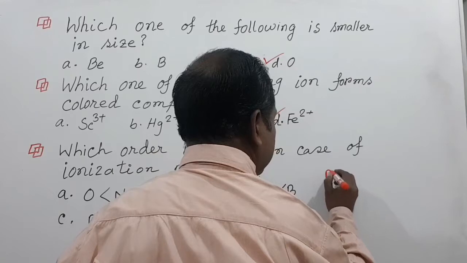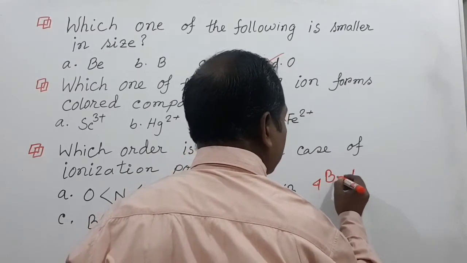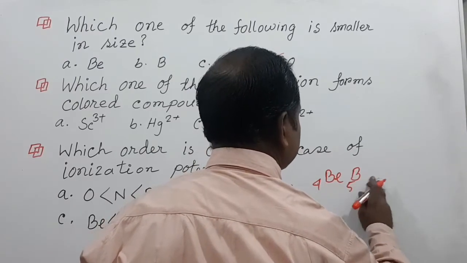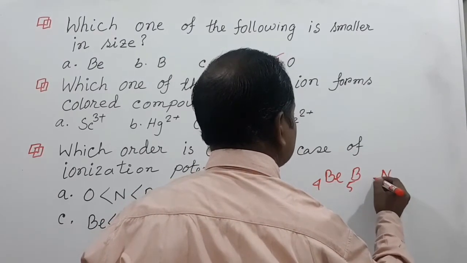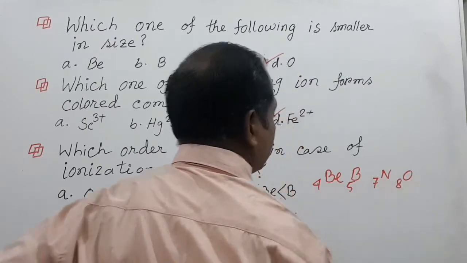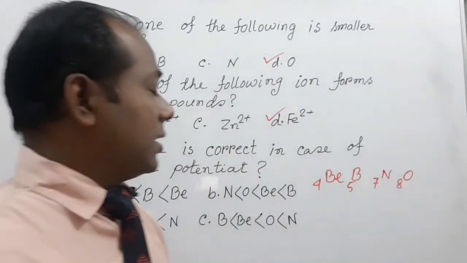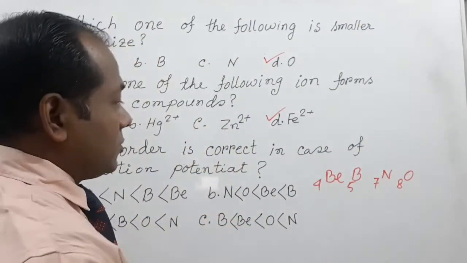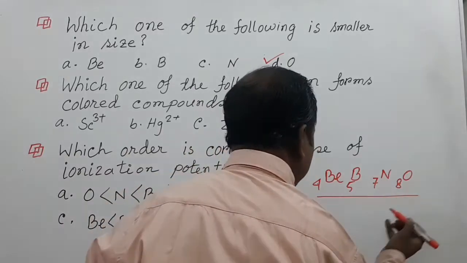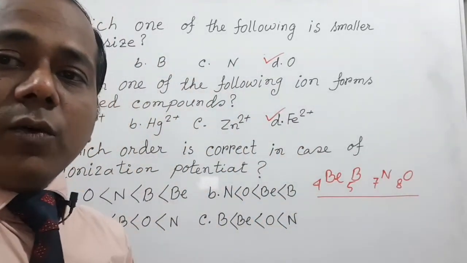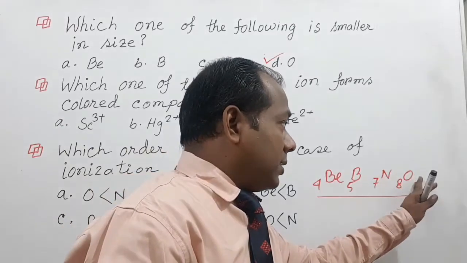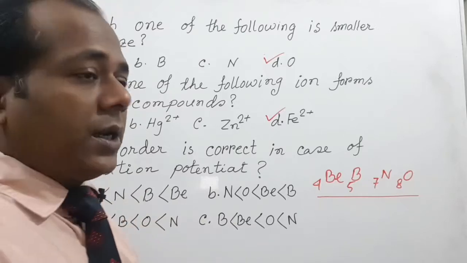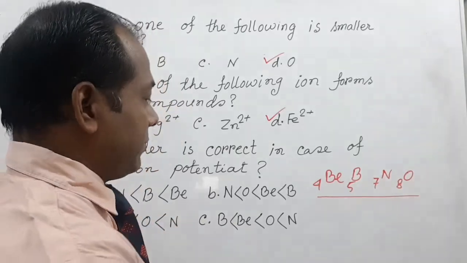According to ionization potential, beryllium, boron, nitrogen, oxygen: oxygen is the smallest element, so the ionization potential of oxygen will be higher, but here we get some exceptions according to their electronic configuration, my dear students.